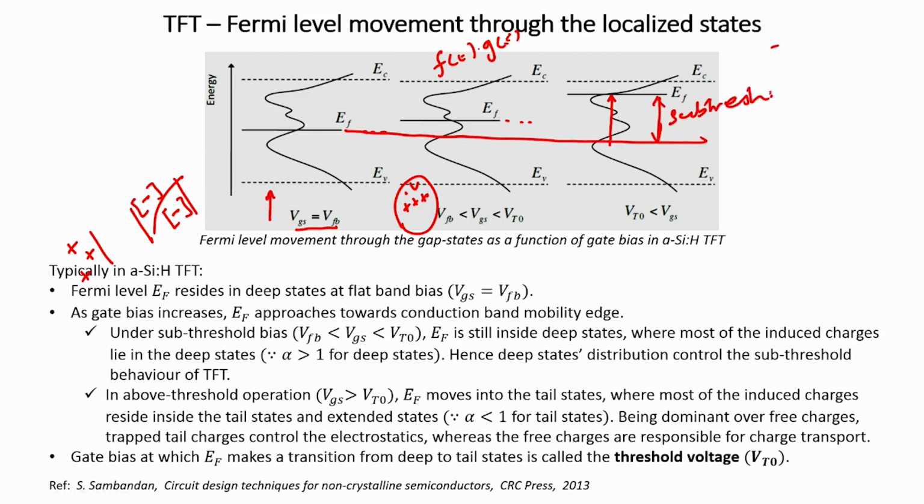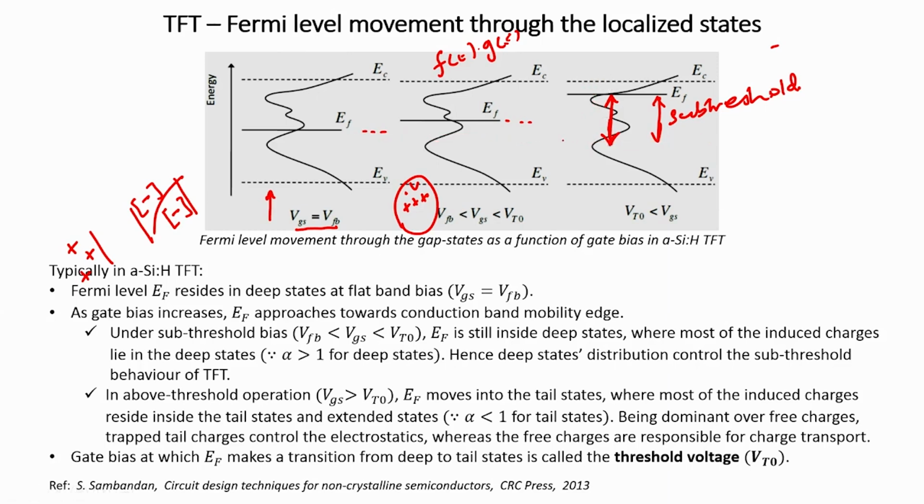So, in subthreshold mode of operation, the Fermi level sits mostly in the deep states. It is only when you are close to threshold voltage that the Fermi level has climbed far enough that it has gone into tail states.